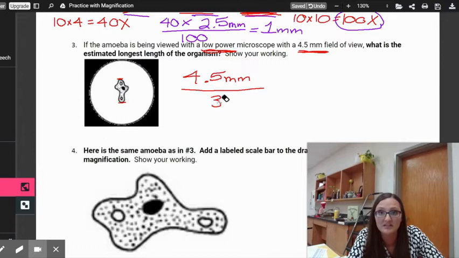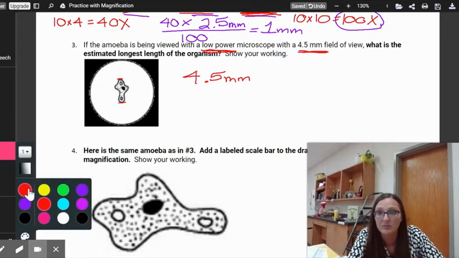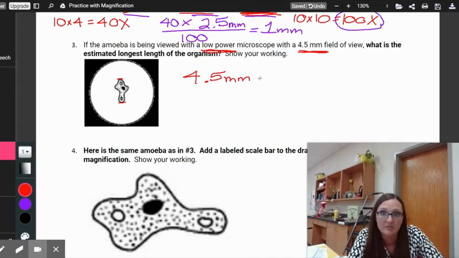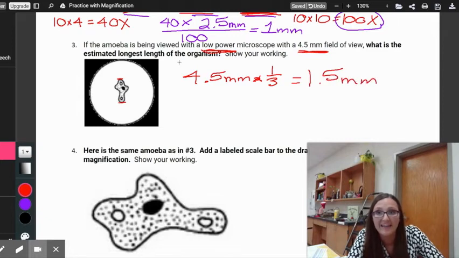It's totally up to you how you want to pursue that. I prefer to multiply. So I'm going to multiply. You can also multiply by 1/3 if you would prefer. So you can multiply by 1/3. And what ends up happening is that gives you 1.5 millimeters. And that is your estimated longest length of the organism.